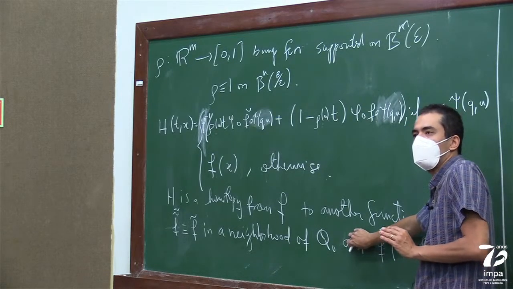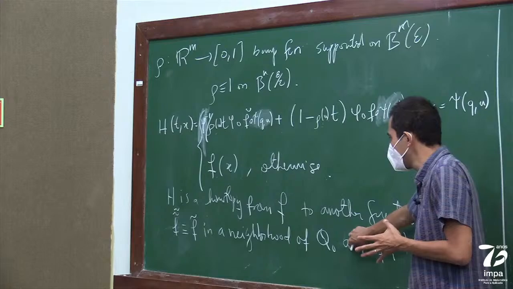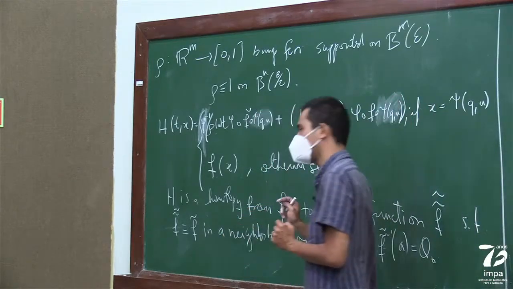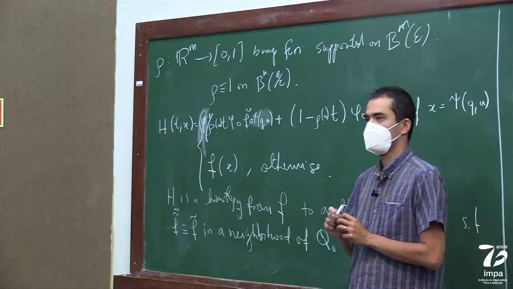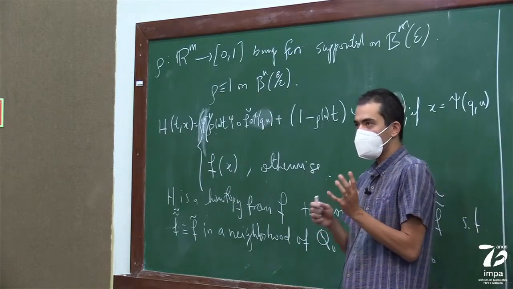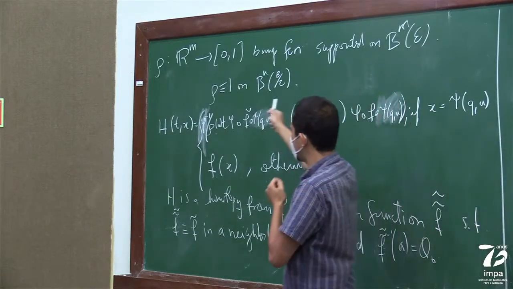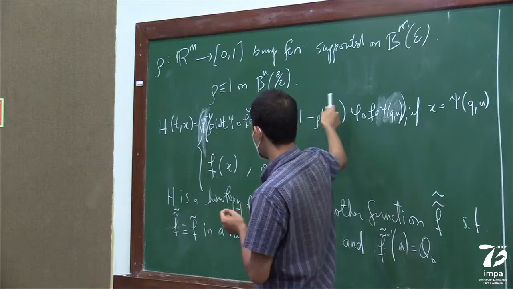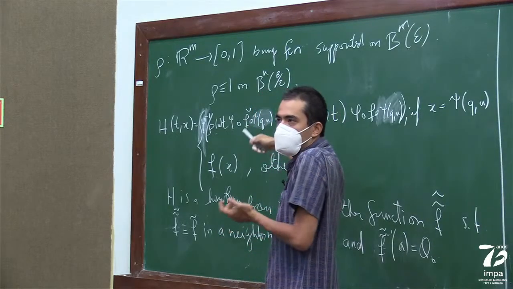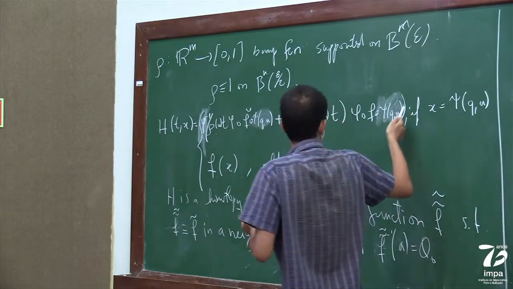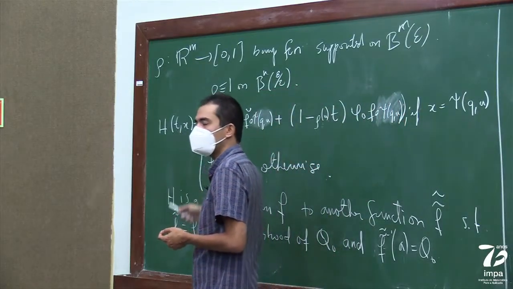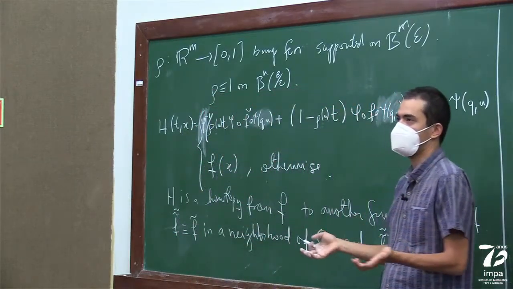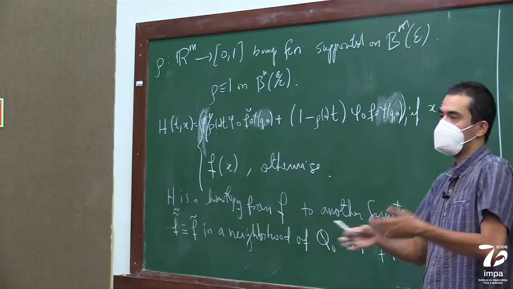So it would be a homotopy between F and something that coincides with F tilde in the neighborhood of Q0. But this map here, this F double tilde, if you don't require anything about it, could potentially be 0 in other places that are not just U equals 0. You're taking just a linear homotopy.